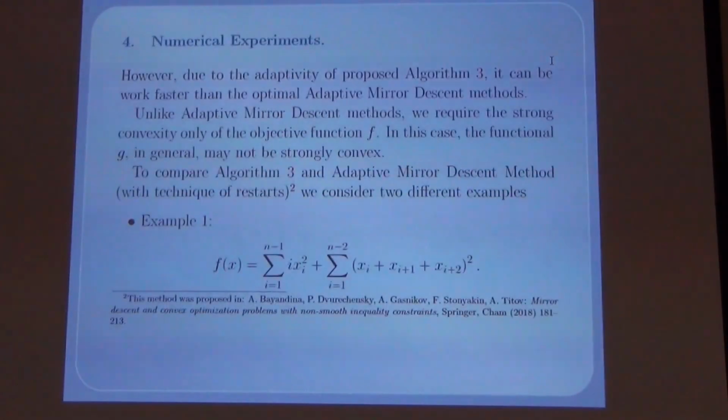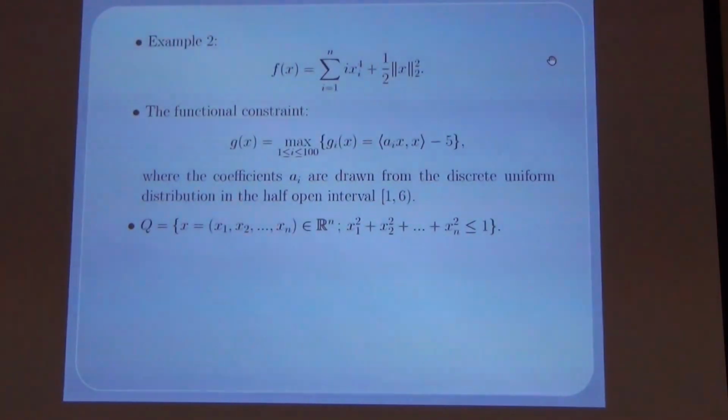Therefore, we consider these quadratic objective functions, and we can easily know the convexity parameter. It is strongly convex with the parameter equal to 1.